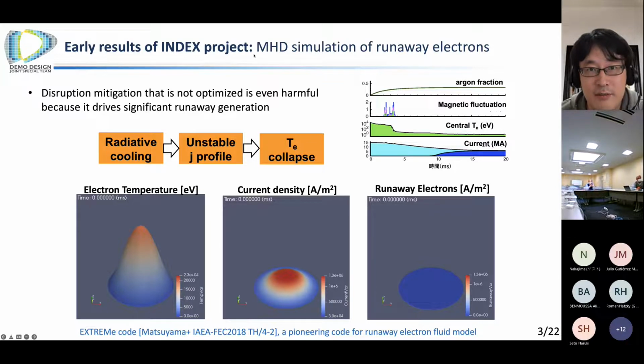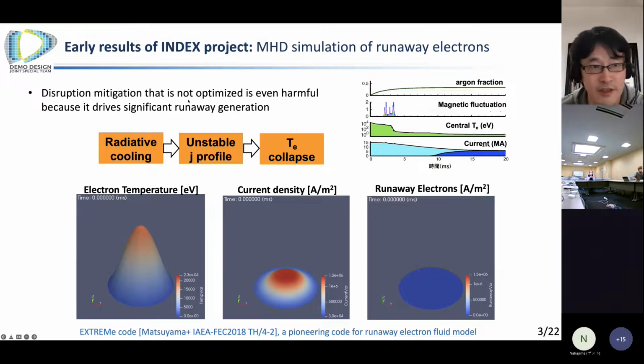We started with some MHD simulations. What is difficult in considering disruption mitigation is that a mitigation that is not optimized is even harmful, because it injects impurities into the plasma. This leads to the enhancement of the radiation.